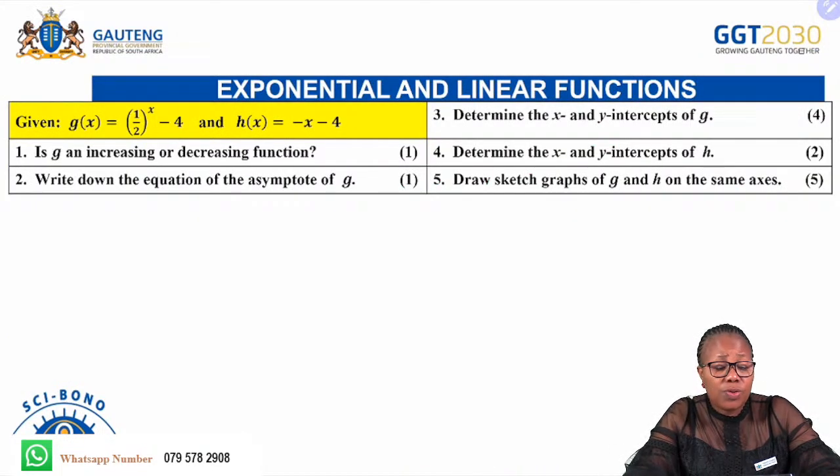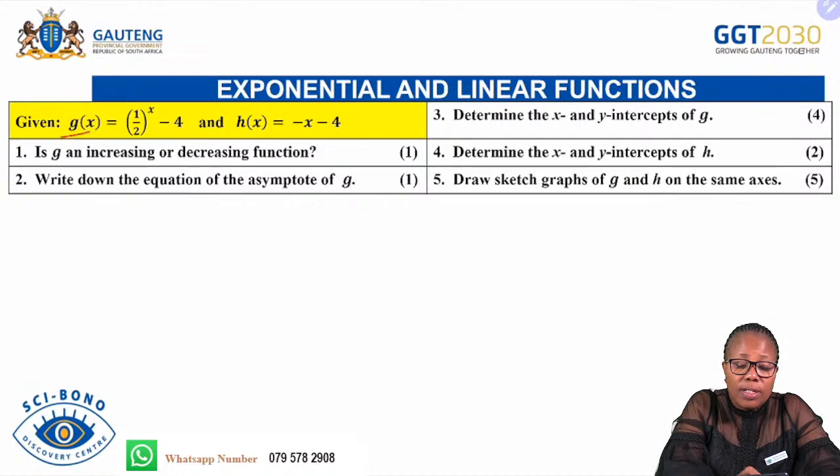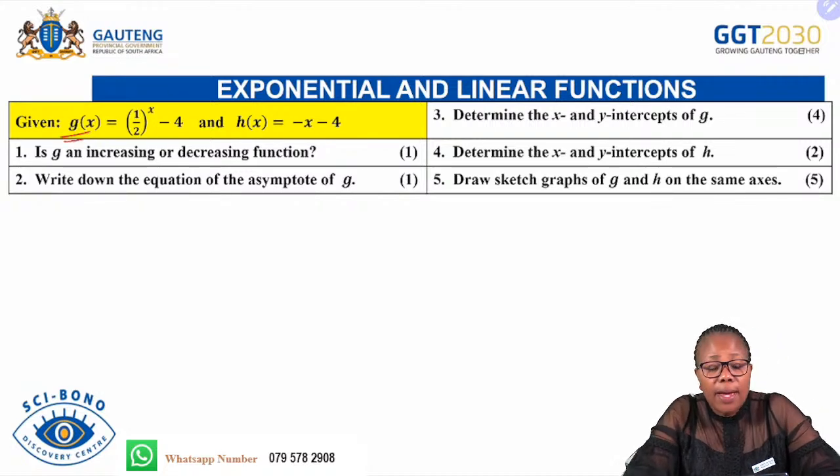Now let's look at the examples, grade 12. We are given that g(x) = (1/2)^x - 4. What is important is that you must know the original equations of your graphs so that you can easily identify the given ones.